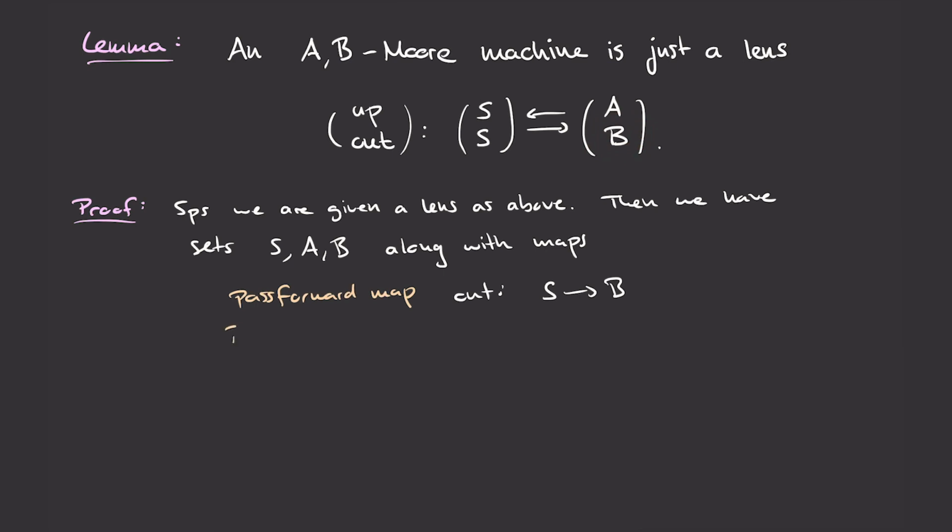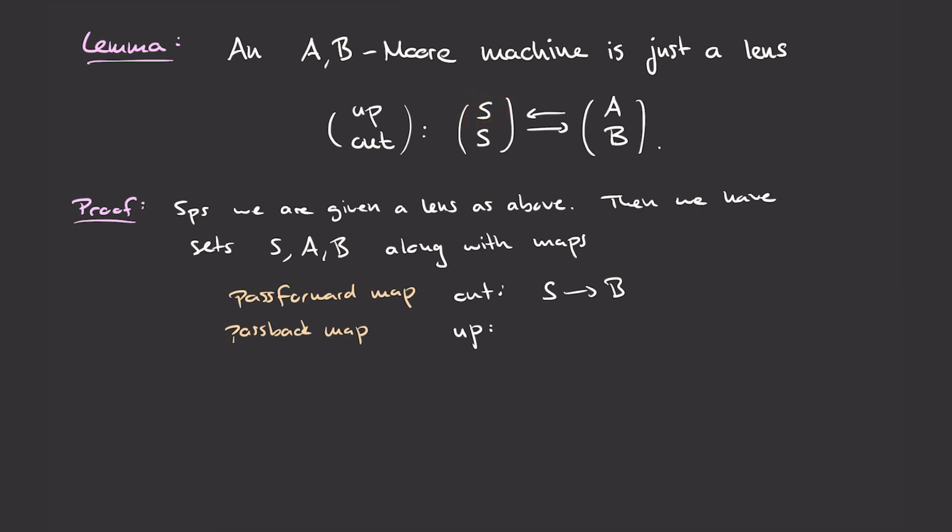On the other hand, we have this pass back map. In our case, this is suggestively called up. And what does the pass back map do? Well, it takes an element of this bottom part of the first interface and an element of the top part of the second interface and produces an element of the top part of the first interface.